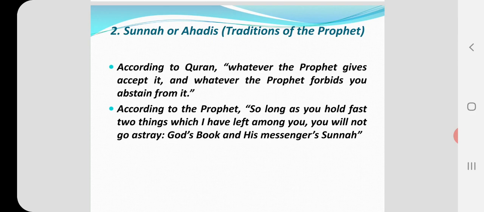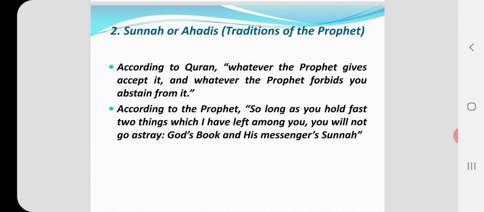Prophet himself has said once that so long as you hold fast two things which I have left among you, you will not go astray: God's book and his messenger's Sunnah. This is a very famous saying of Prophet.